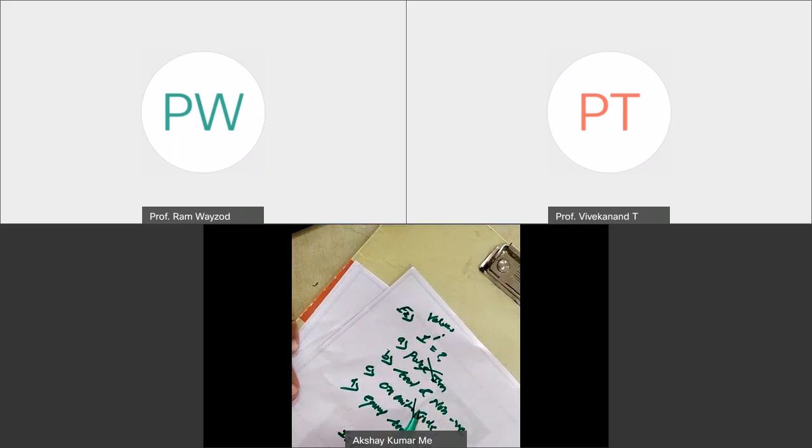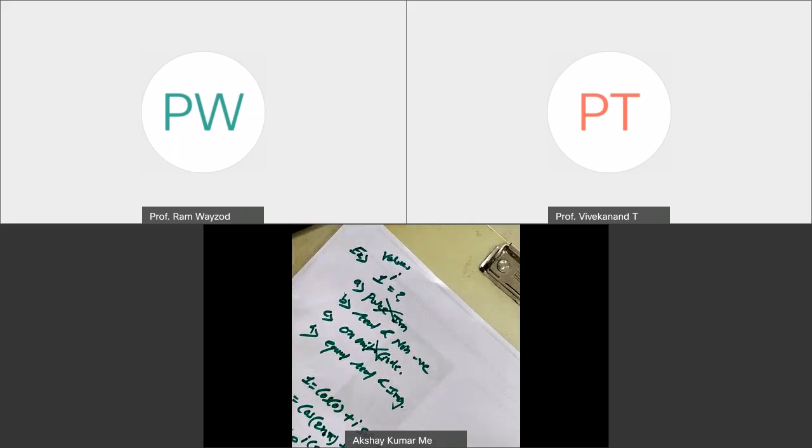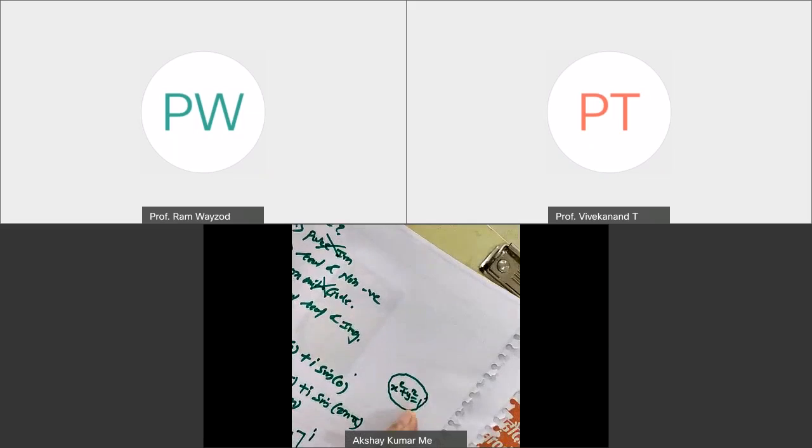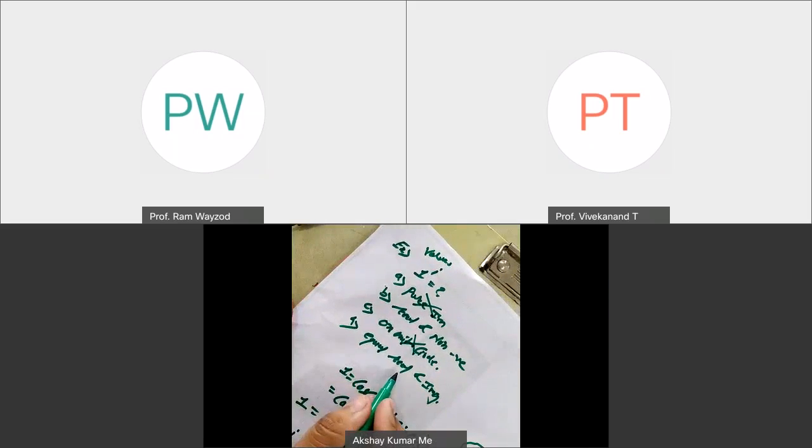Second, on the unit circle, the equation of a circle is x square plus y square is equal to r square, where unit means the radius is 1. So x square plus y square is equal to 1 is the equation for the unit circle. So this one is not equal, real and imaginary.